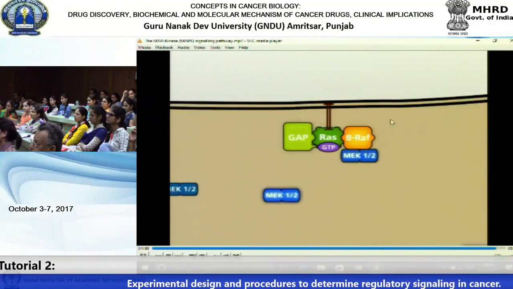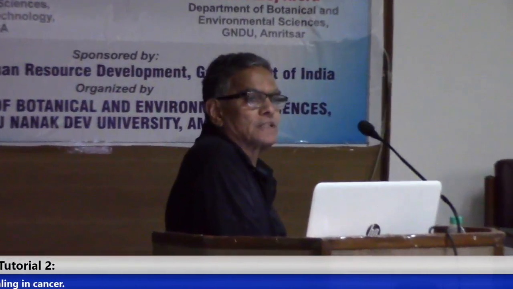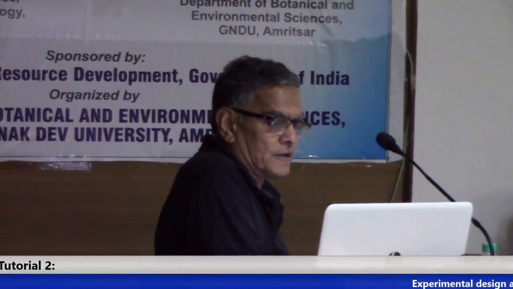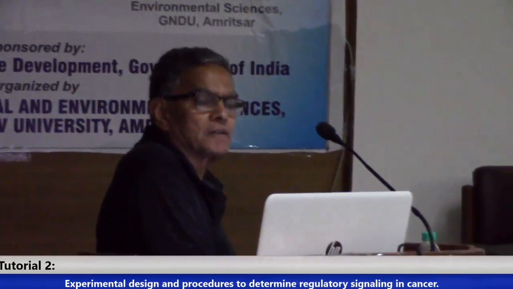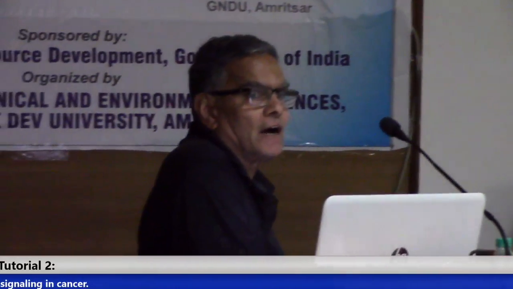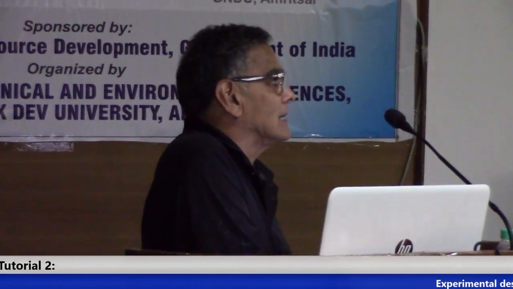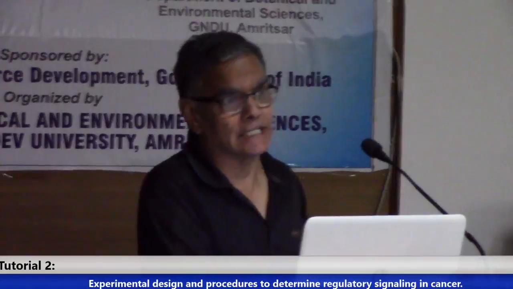Okay, I think this is a good video. So, this one really goes a little into the animation that we talked about. We did talk about GAP and GEF, how the RAS becomes activated, and in the presence of GAP it becomes inactivated.